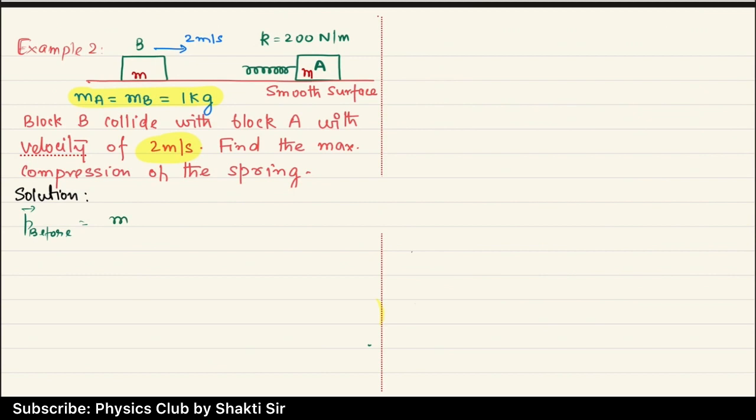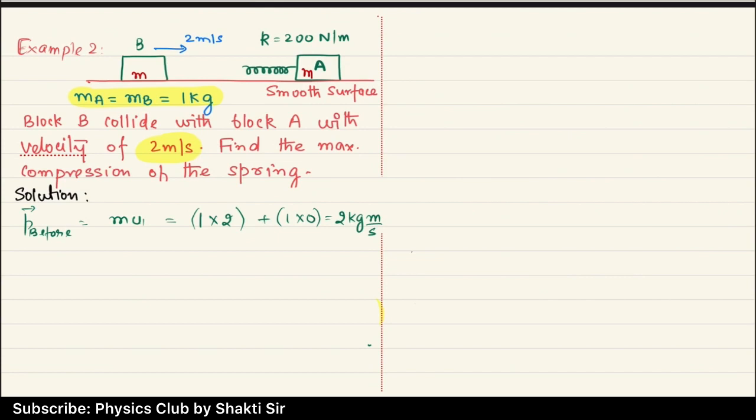You can see the mass is 1 kg, so mass is equal to 1 and it is 2 meter per second, and for the other body, block A, the velocity is 0 initially. So the total linear momentum is simply 2 kg meter per second. This is the total linear momentum of the system before collision.